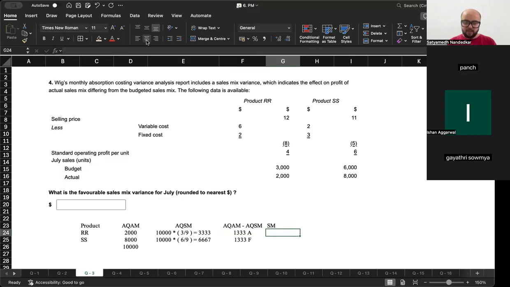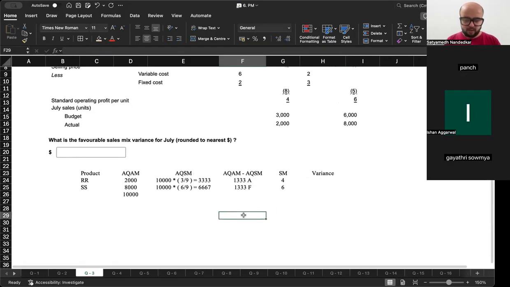Now, what is the standard margin? Since we are using the absorption costing system, standard margin is going to be standard profit per unit, which is 4 and which is 6. So what is the variance here? Standard margin into AQAM minus AQSM.